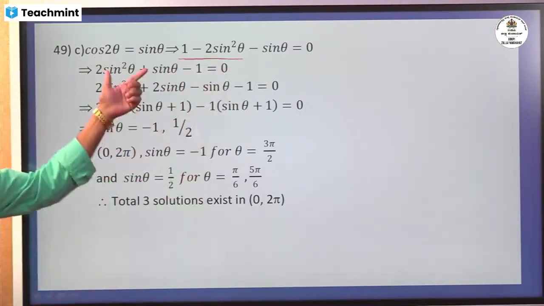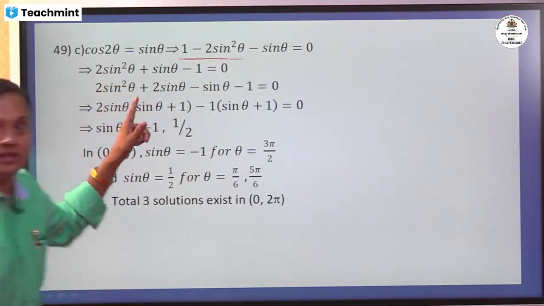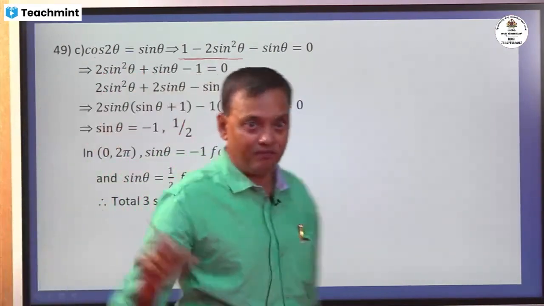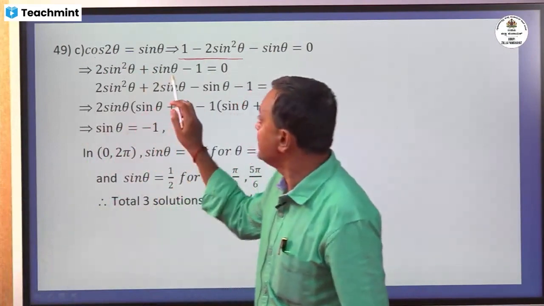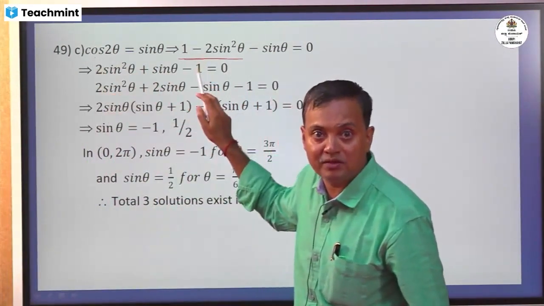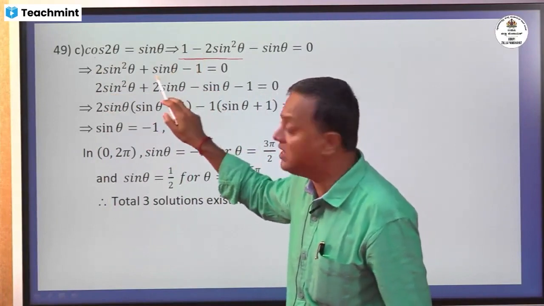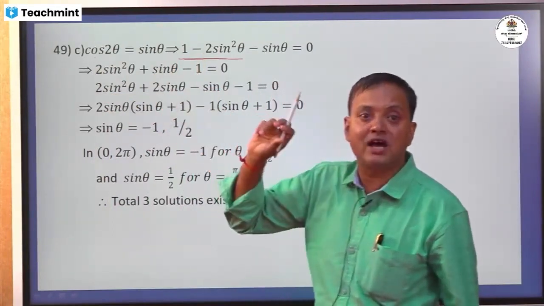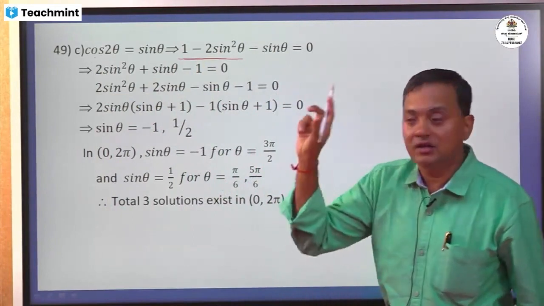This is a quadratic equation in sin. Then simplify by factorizing. Find two numbers whose product is 2 into minus 1, that is minus 2, and sum is 1. So the numbers are 2 and minus 1.